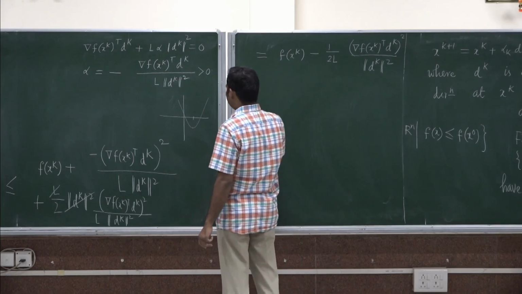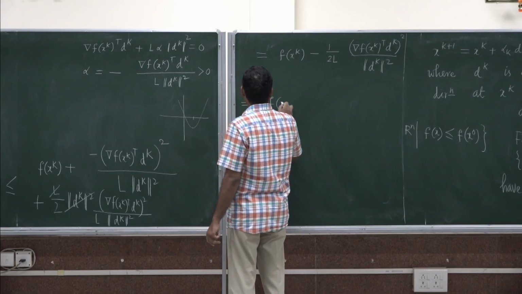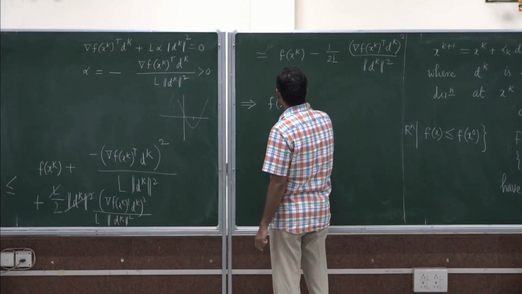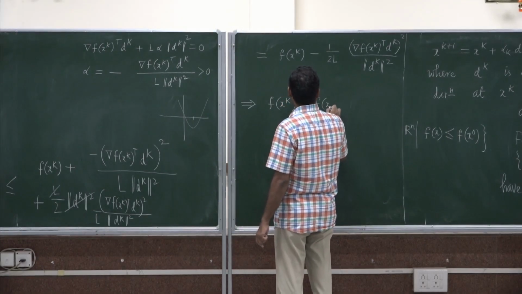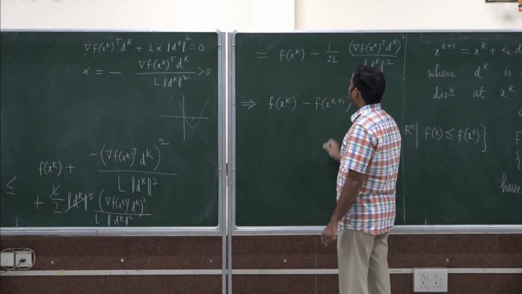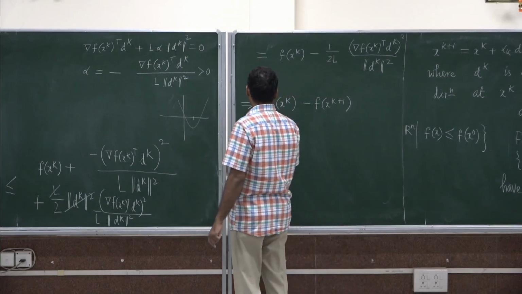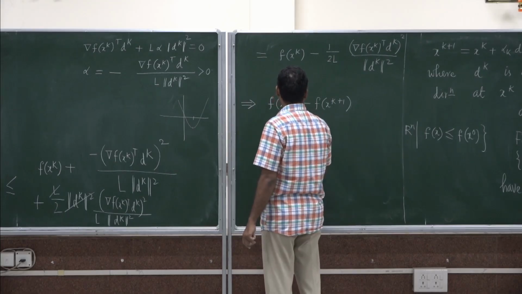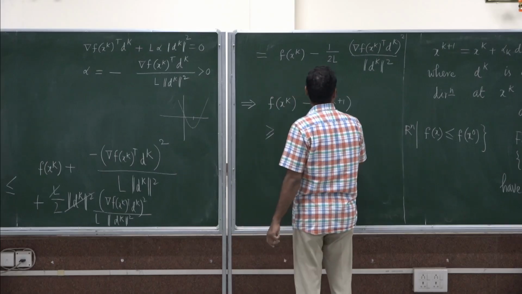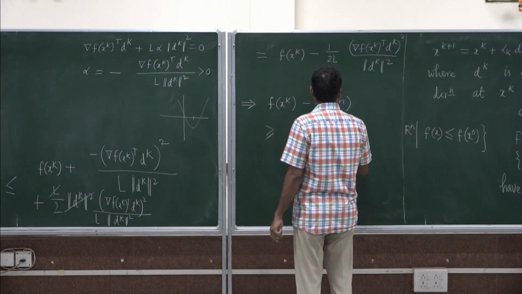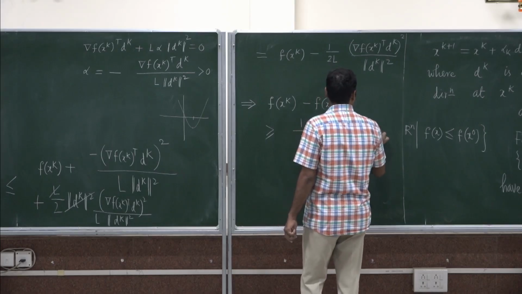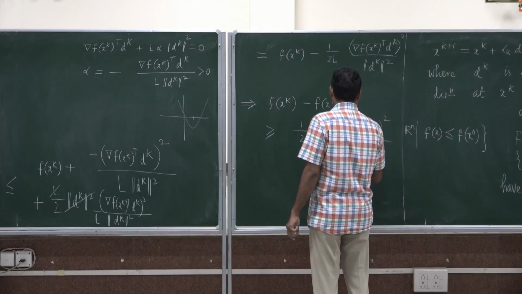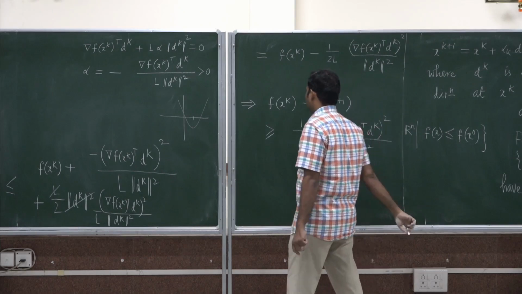And this gives us f(x_k) minus f(x_{k+1}) is greater than or equal to 1 by 2L times gradient of f(x_k) transpose d_k squared divided by norm of d_k squared.